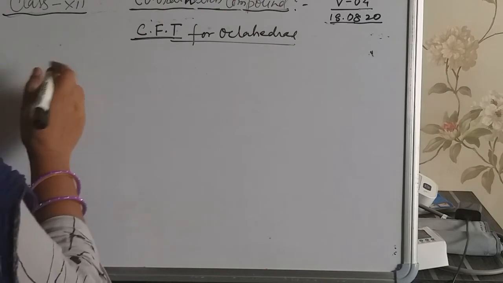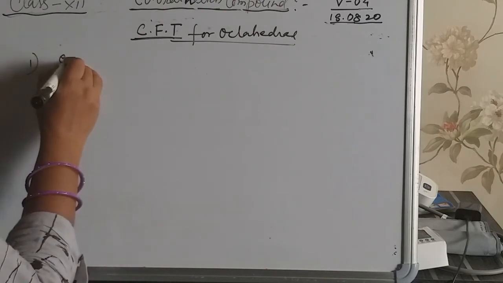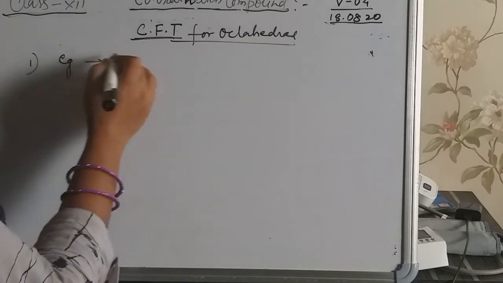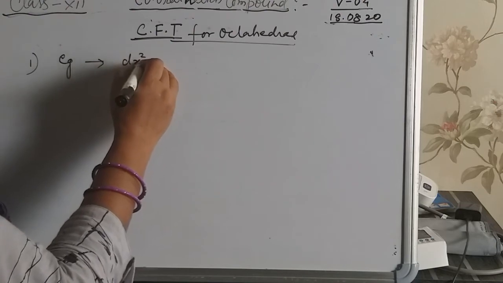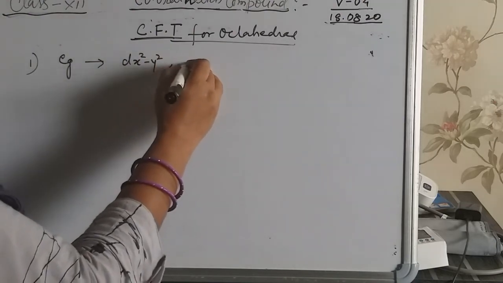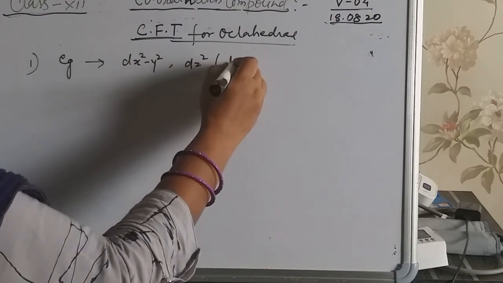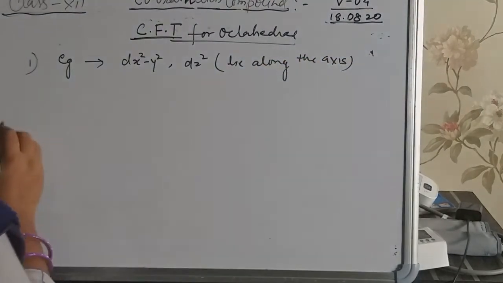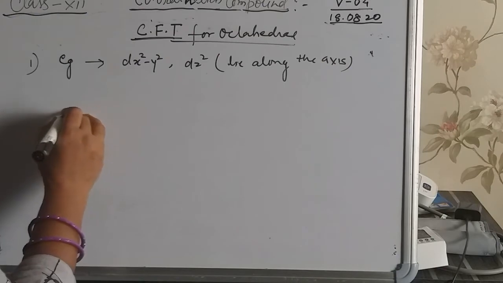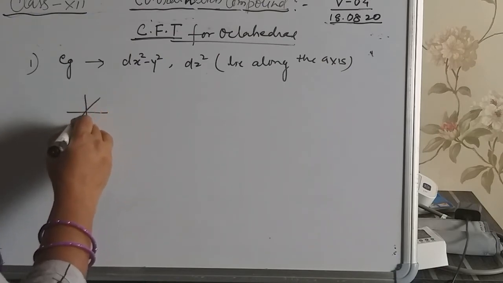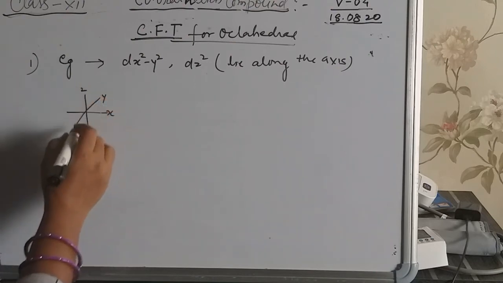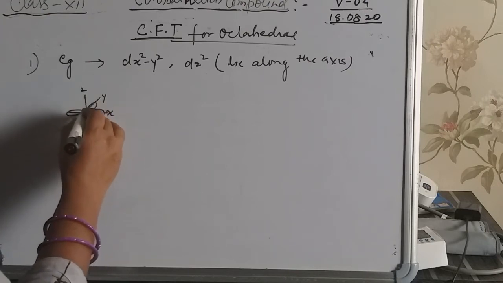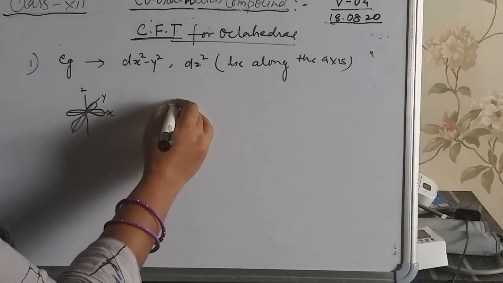So let's discuss the types of orbitals. At first we get the concept about the eg. eg is doubly degenerate, and it is from dx square minus y square and dz square, which lie along the axis.